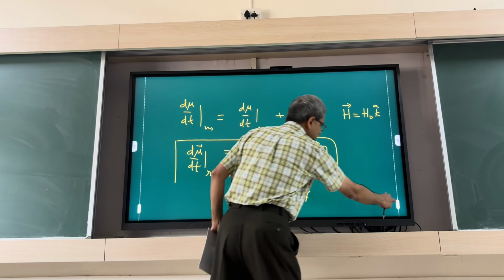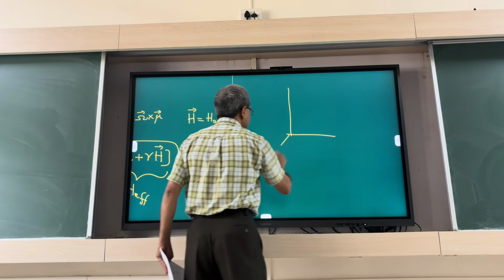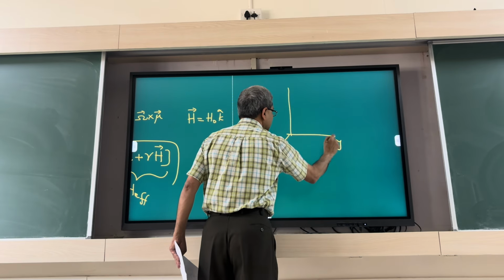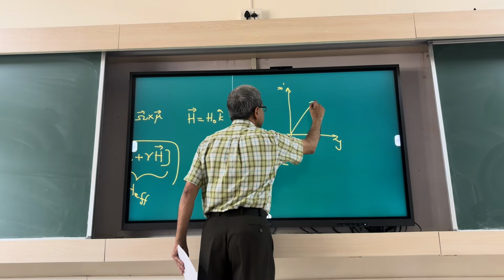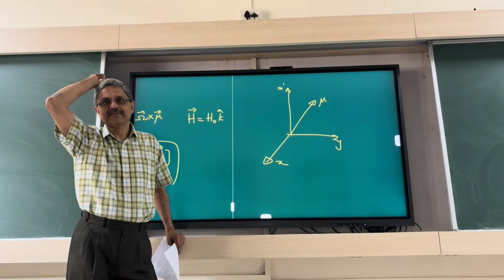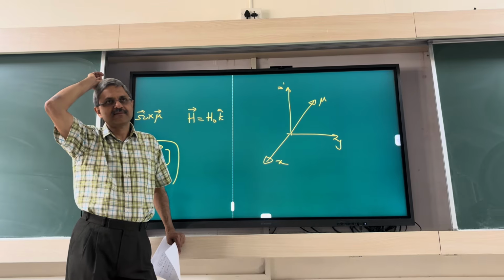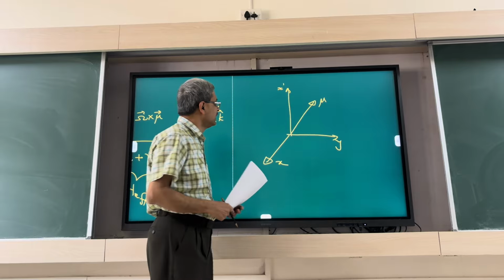So this is my x, y, z, and I basically will see my magnetic moment just like this forever. Okay, so we'll work with the equations, but I'll just stop in a minute.